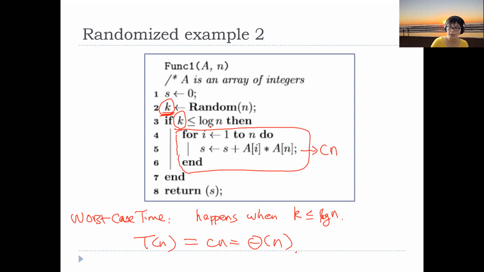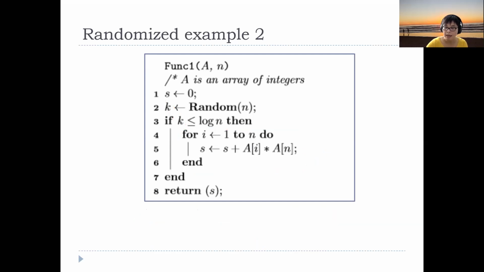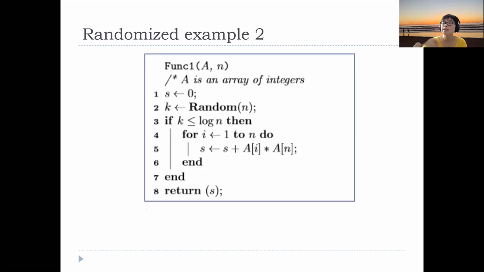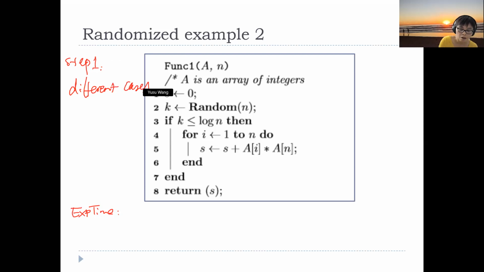Now, I'm just summarizing it here. Let's now see what is the expected running time of this algorithm. Remember what the steps are. Step 1, you need to figure out what are the different cases of the execution of your algorithm.